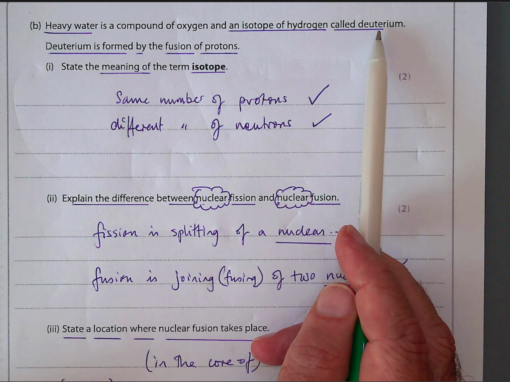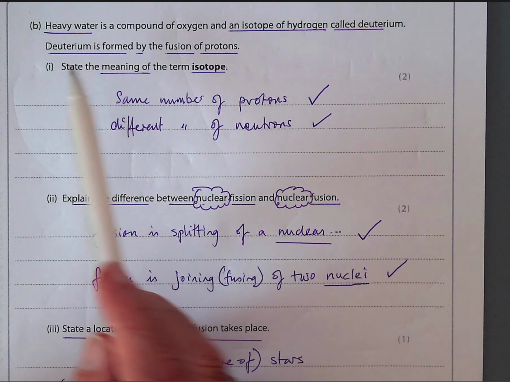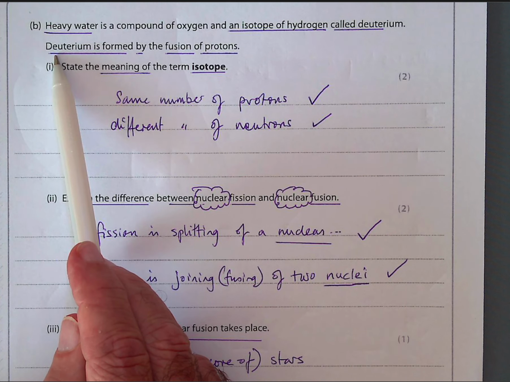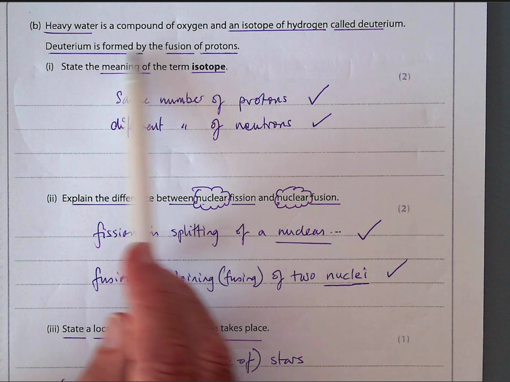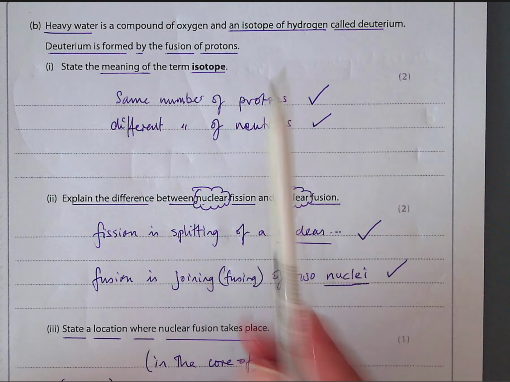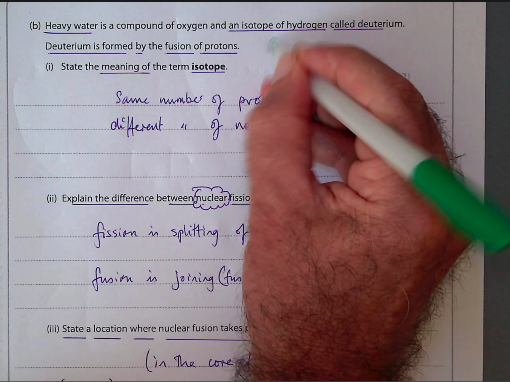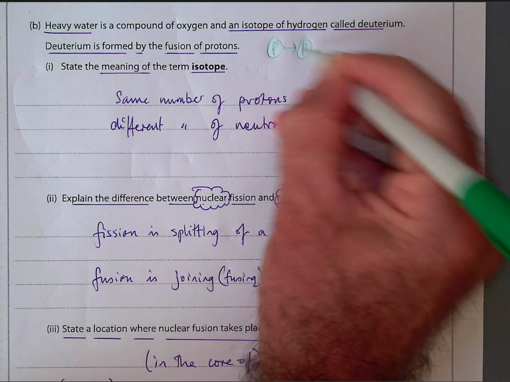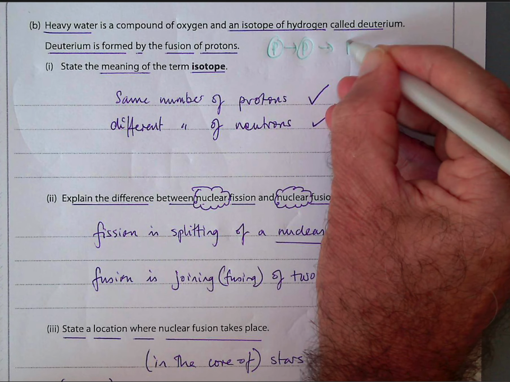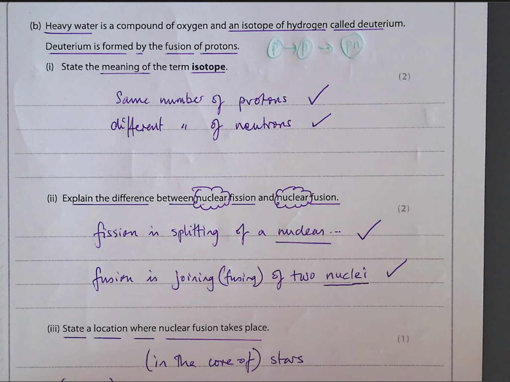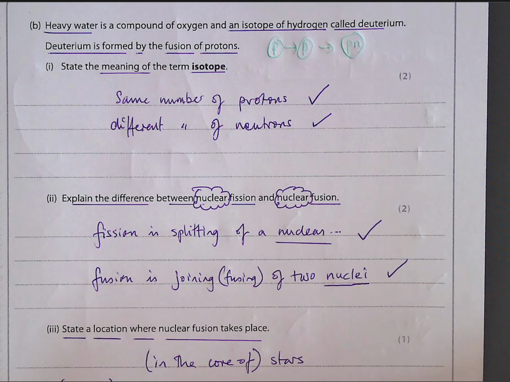Deuterium means hydrogen with an extra neutron. They're telling you deuterium is formed by the fusion of protons. So what happens is one proton collides with another proton, and then they become a proton-neutron combination. So one of the protons changes to a neutron.